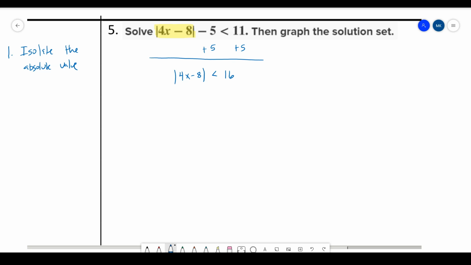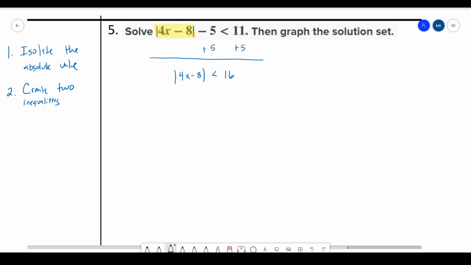Now, just like the absolute value equation, with an absolute value inequality we're going to create two different inequalities, which is going to create two parts to our overall solution.